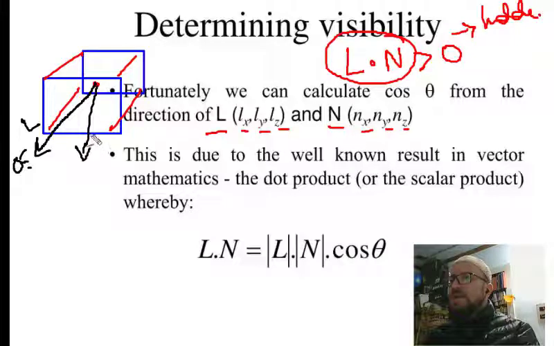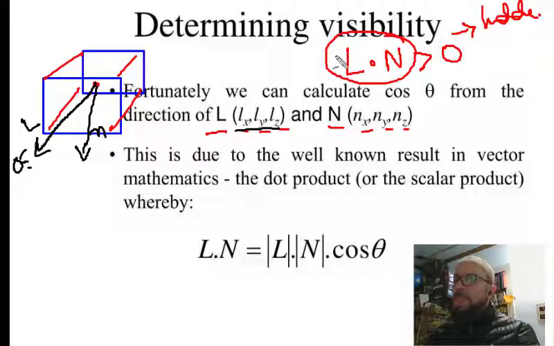And if it is the normal to that surface, 90 degrees to that surface, that's n. And we know L is a vector because it has three components, that is L of x, L of y, and L of z. And n is also a vector which has three components, n of x, n of y, and n of z.